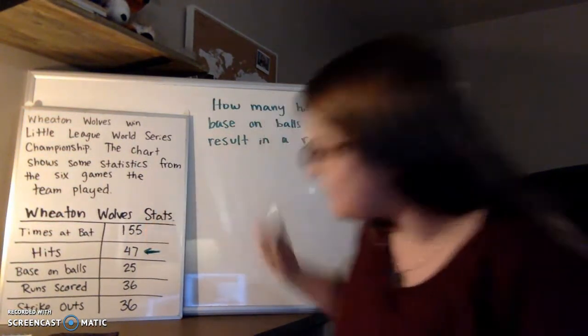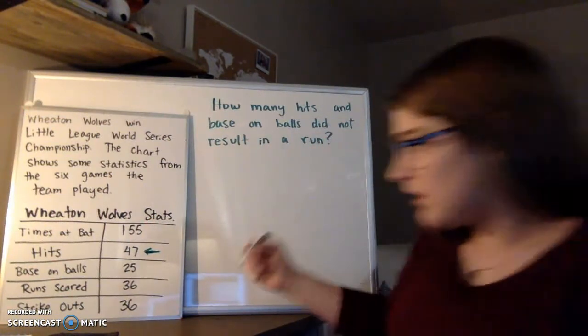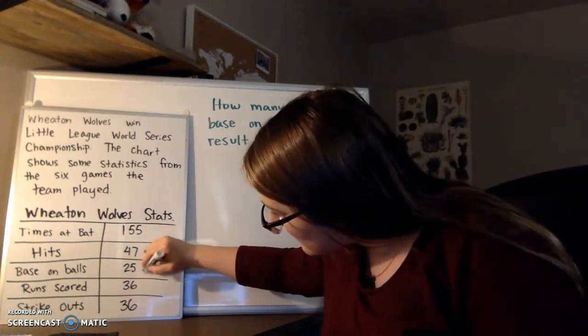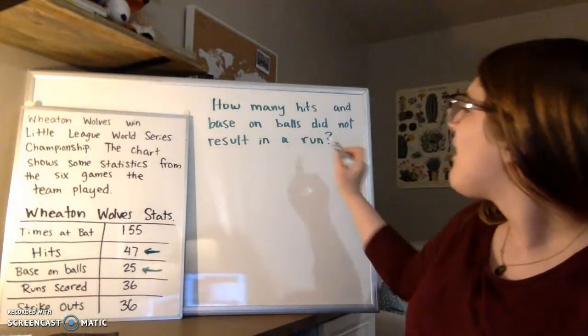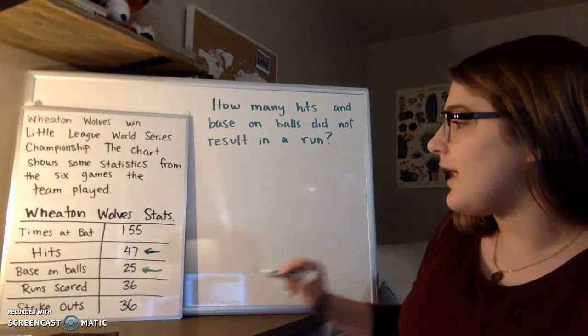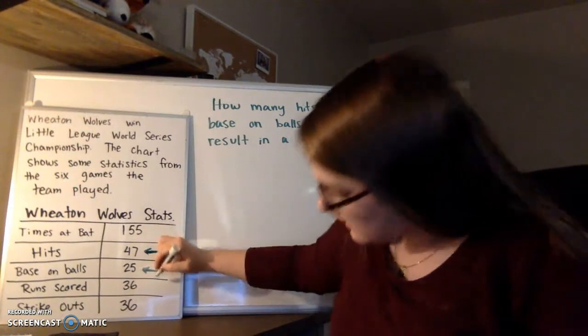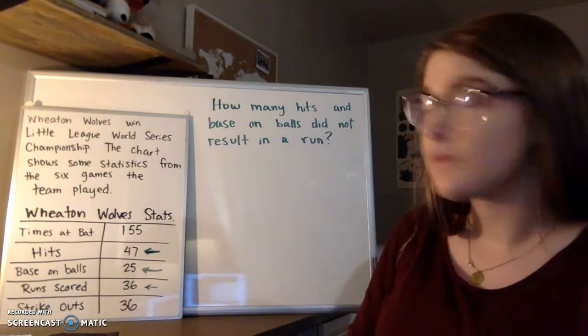So I know I'm going to use this piece of information. And base on balls. Okay, that is that number. So I know that I'm going to use that piece of information. And it did not result in a run. Okay, so runs scored. That means I know that I'm going to use that piece of information as well.